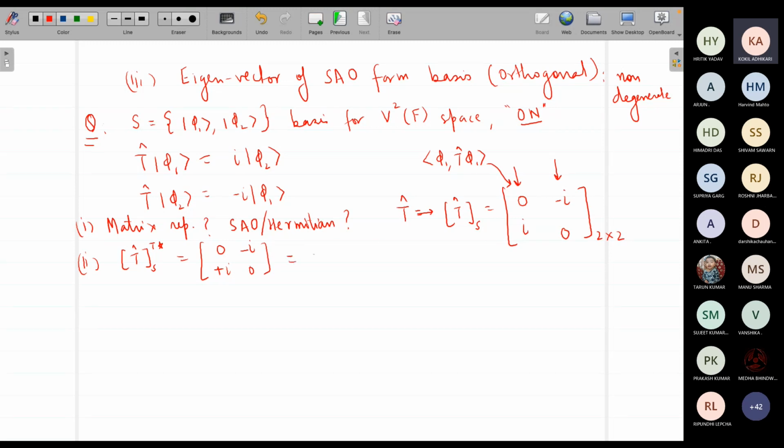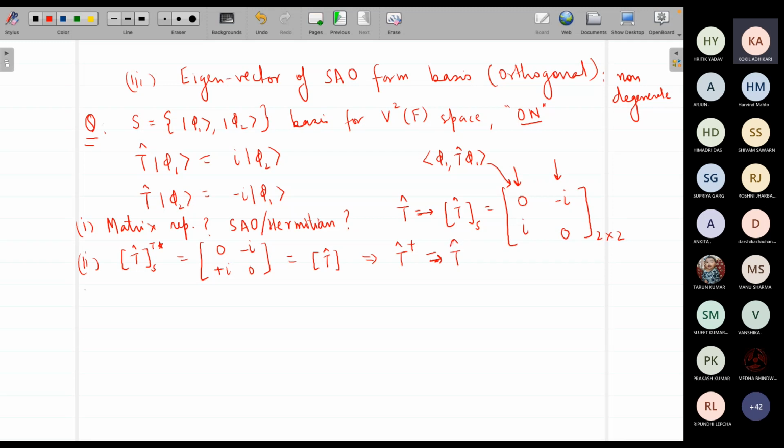Hence we say yes, this is a self-adjoint linear operator.